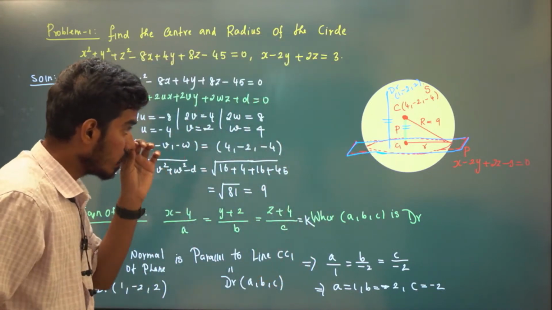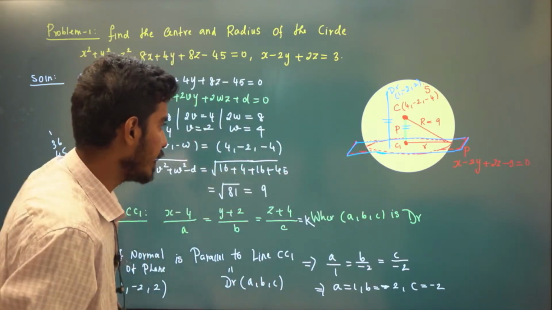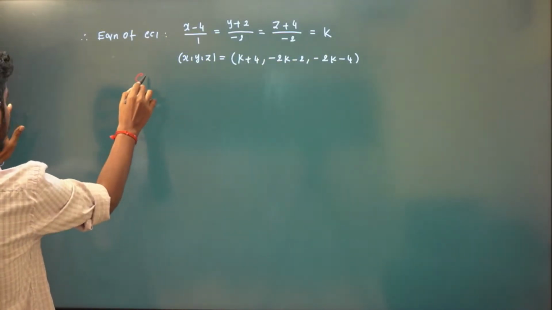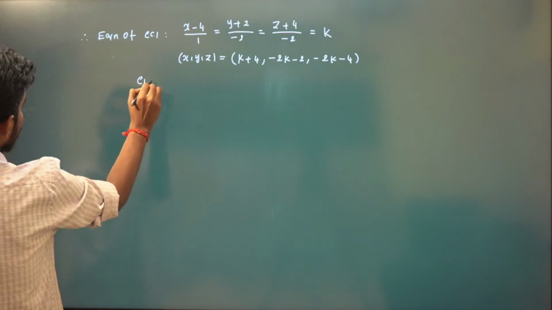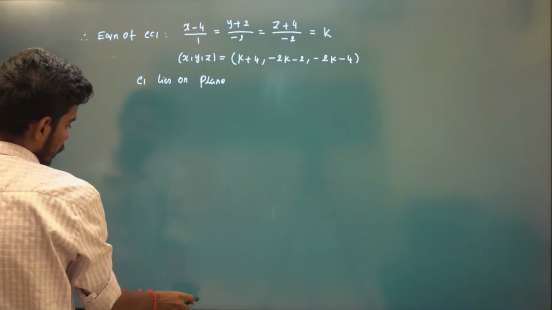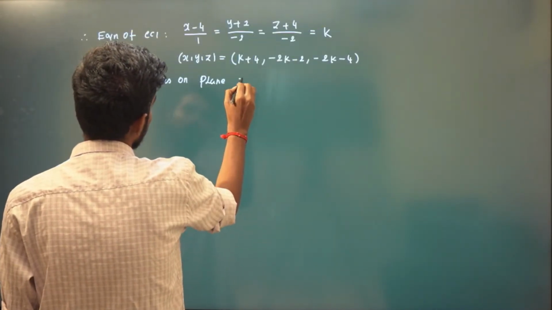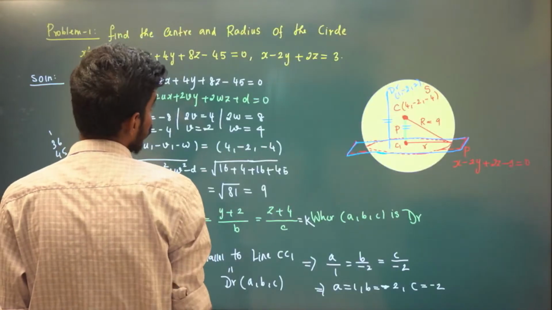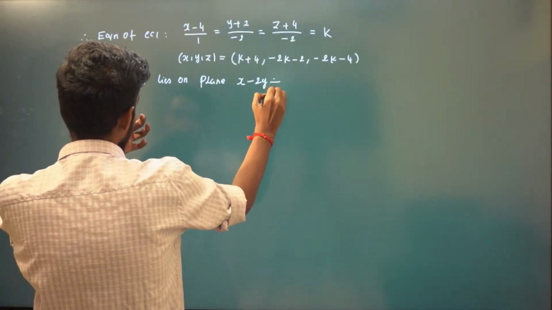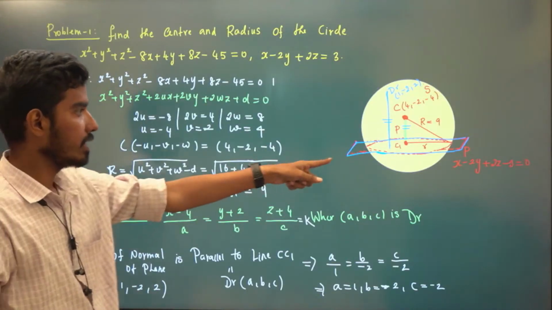Now remember, C1 lies in the plane. Yes or no? What is the plane they have given? x minus 2y plus 2z minus 3. The C1 point lies in this plane.